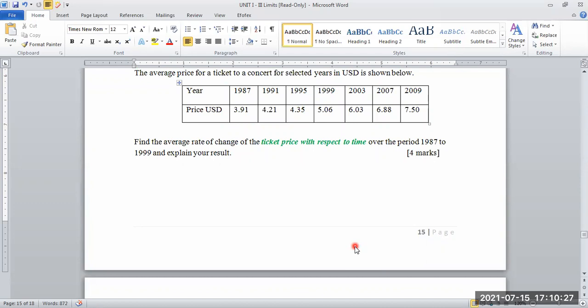Now, one may ask, and Ricky, I was hoping that you would have asked the question, why we put the 506 minus 391 on top and put the 1999 minus 1987 at the bottom? Why we never put the 1999 minus the 1987 up on top?